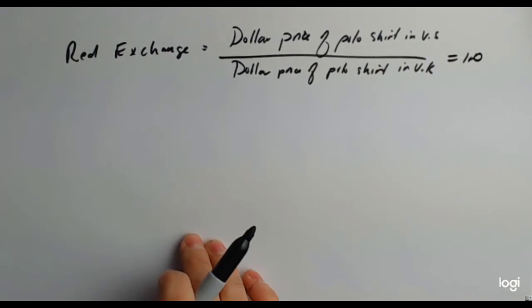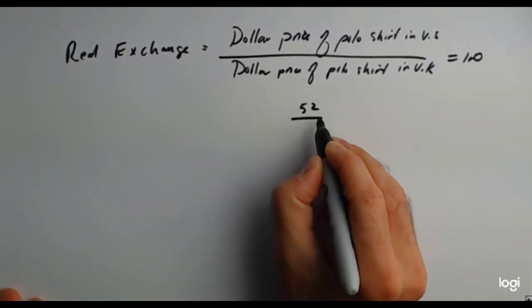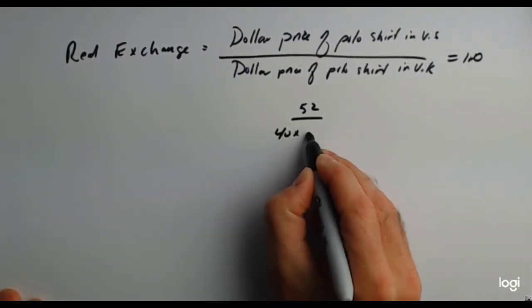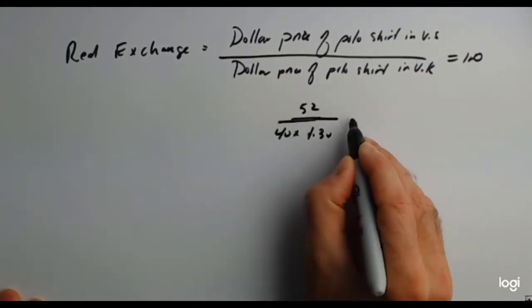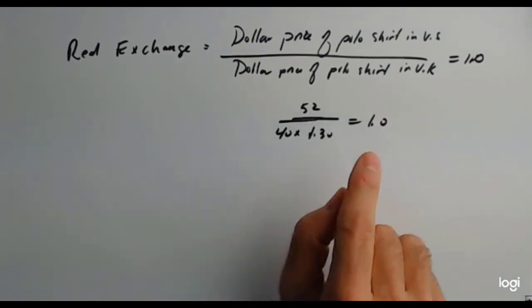Exactly 1. One shirt can be exchanged for one shirt. And you could trade without worrying about currency or exchange rates. You just literally barter, in a sense. So you get 1 for 1. And we know it's 52 divided by 40 times 1.30, and that's where we get the 1.0. So you remember where that math's coming from. So no units here.